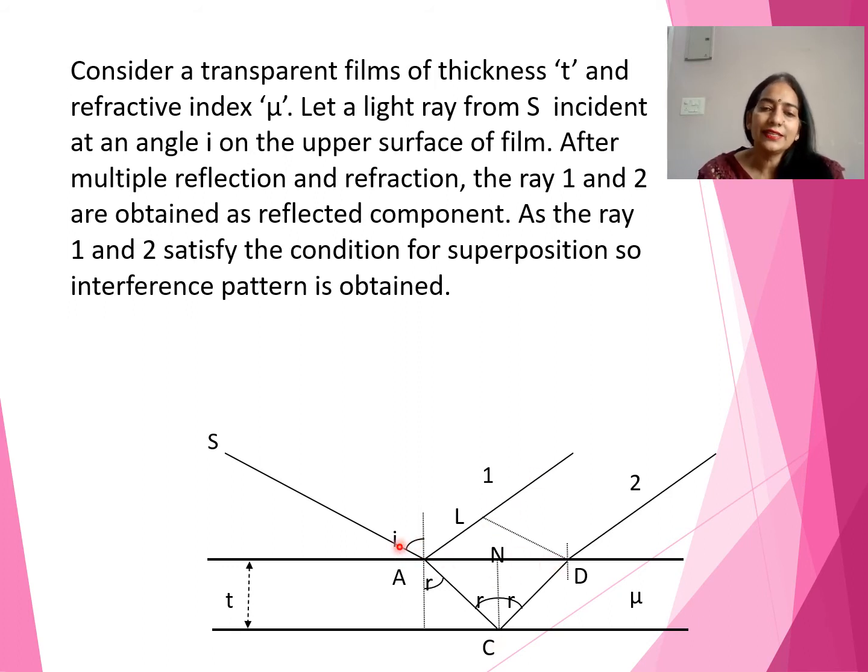If the incident angle is I and the angle of refraction is R, then this angle is also I, because the incident angle is equal to the reflected angle. As this is I, and DL is perpendicular to ray 1, this is 90 degrees. So this angle is 90 minus I.